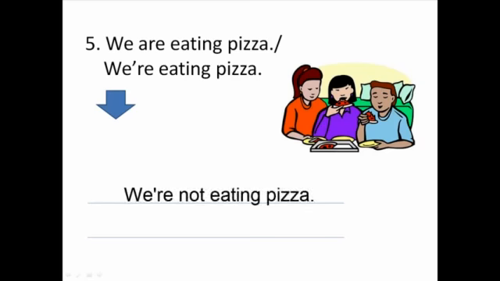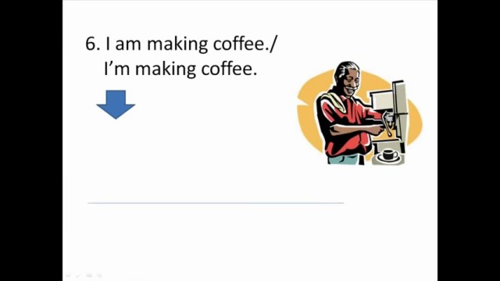We're not eating pizza. We aren't eating pizza. 6. I am making coffee, or I'm making coffee. In the negative, we only have one contraction. I'm not making coffee.